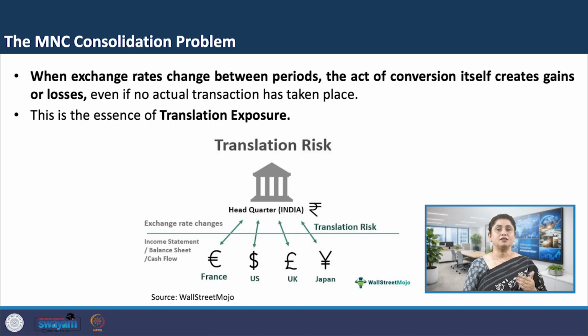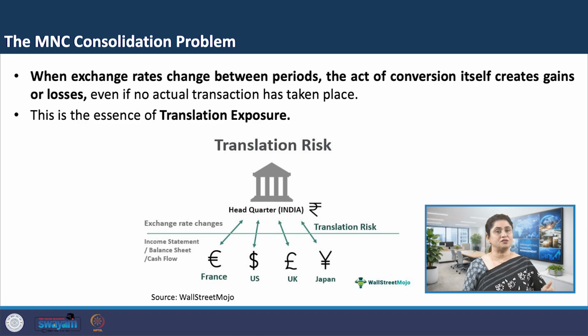When a multinational company operates across countries, it prepares financial statements in different currencies. It can be dollars, euro, pounds, yen. But ultimately, the parent company has to consolidate everything into one currency. In this example, the parent company is in India, and the subsidiary companies are in countries like France, USA, UK, and Japan.